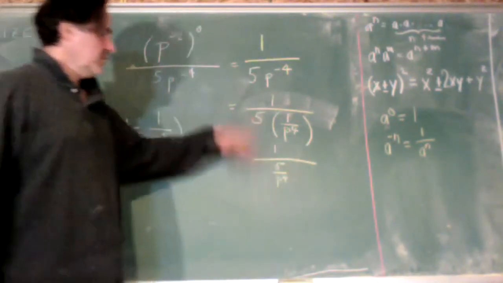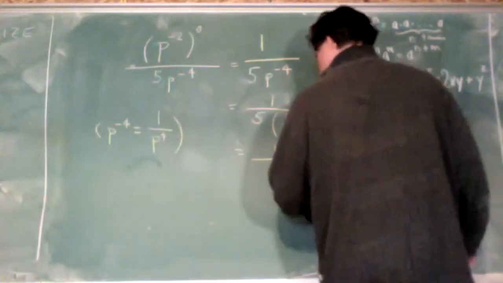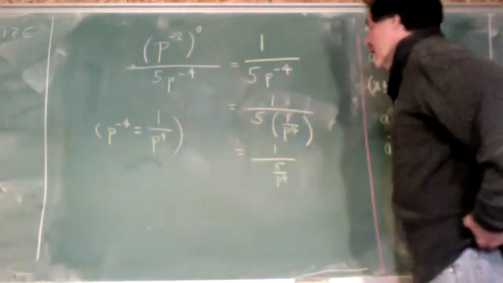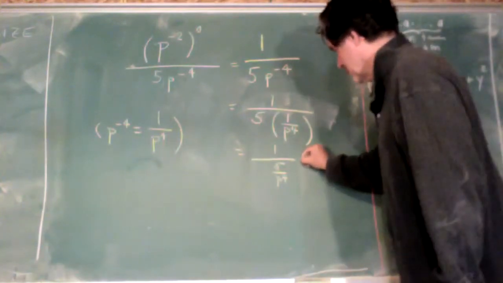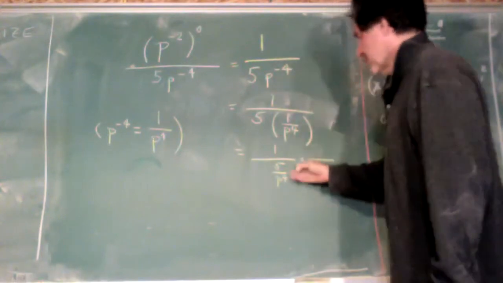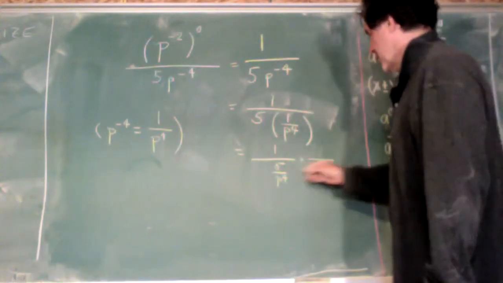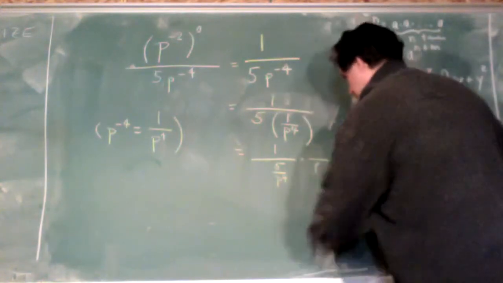How do we simplify this kind of complex fraction? Remember the usual rule, the only rule. The rule would be take the reciprocal of the denominator and multiply numerator and denominator by that reciprocal.